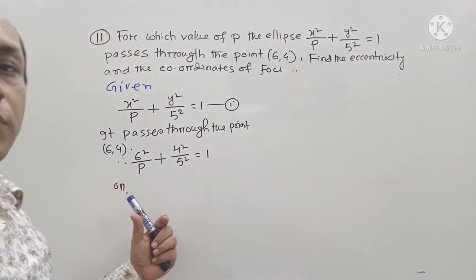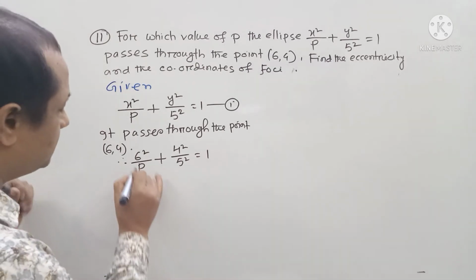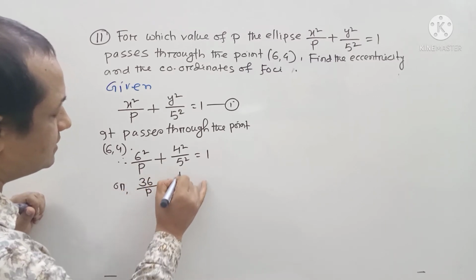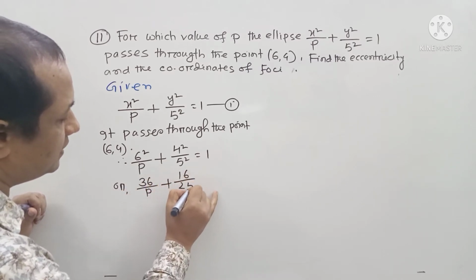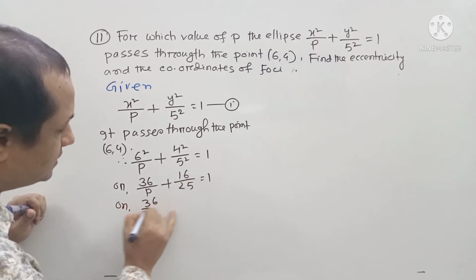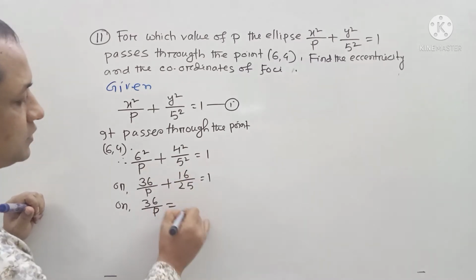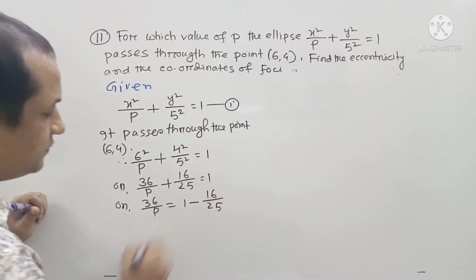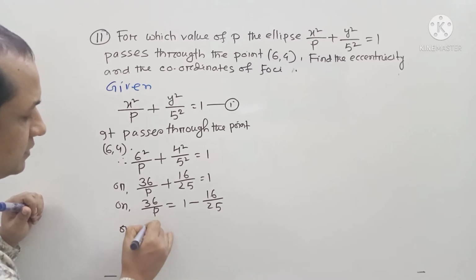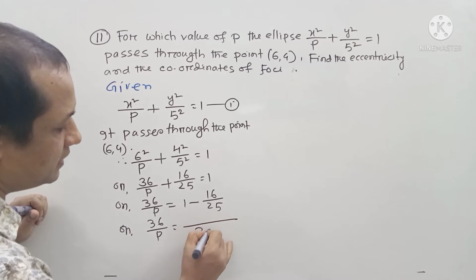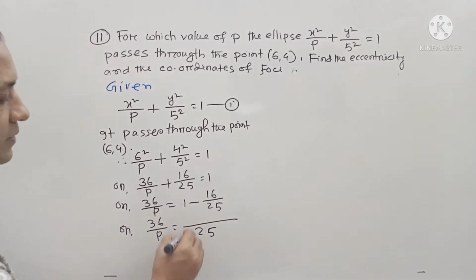Then find the value of p. So 6 square is 36 by p plus 16 by 25 equals to 1, or 36 by p equals to 1 minus 16 by 25. Then taking the LCM, here the LCM is 25.